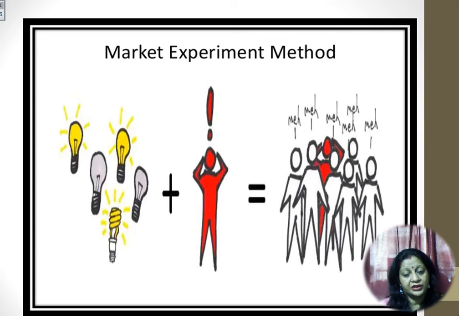So whatever response comes, with the help of that response you can easily decide whether you are going to launch that product in the market or not. So that is about demand forecasting.